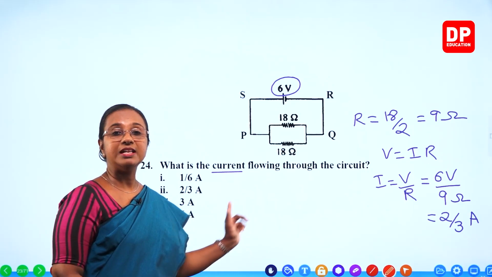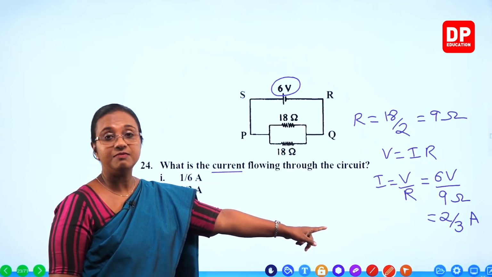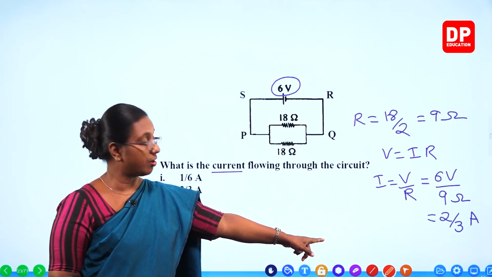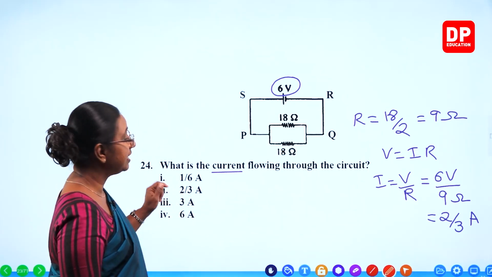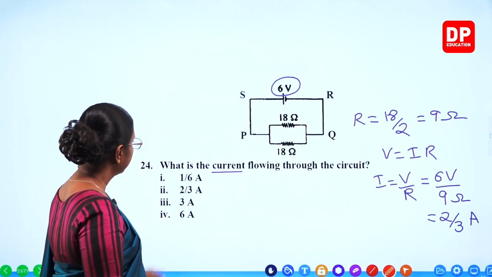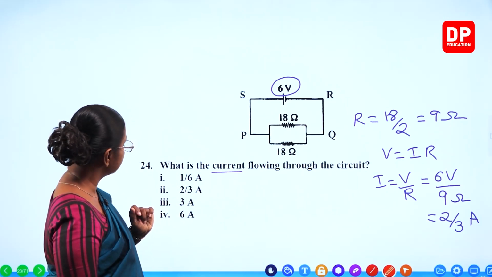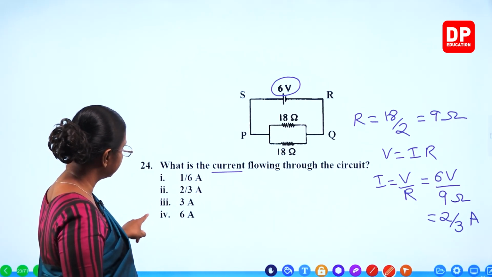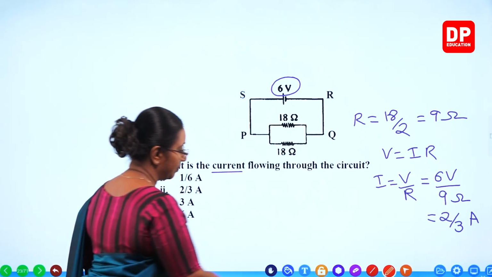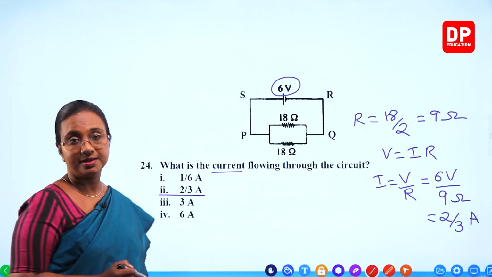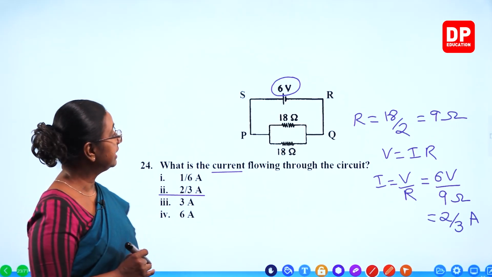Then you can look at the answer and decide whether you need to divide and get the decimal value or not. Here if you look at the answer, it's given as a fraction. So 2 over 3 amperes. So what is the current flowing through the circuit? 1 over 6 amperes, 2 over 3 amperes, 3 amperes, 6 amperes. The correct answer is 2 over 3 amperes. Is that clear to you all, students?